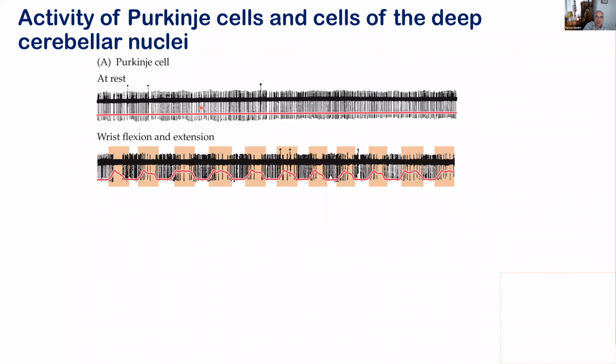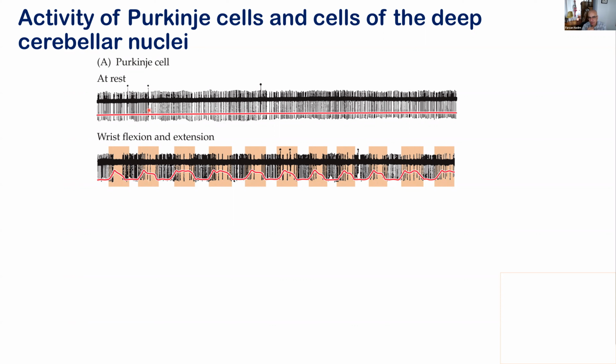The Purkinje cell typically fires with a constant rate of about 50 hertz. That's about 50 spikes per second. Every once in a while, it produces one of these complex spikes, which are marked by these stars. Those have a much lower frequency of about 1 hertz. So you get about one of those per second.